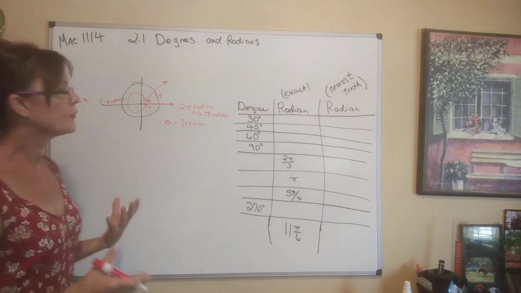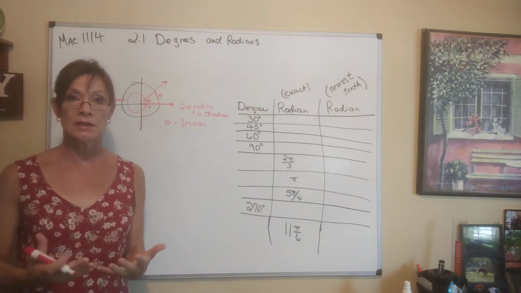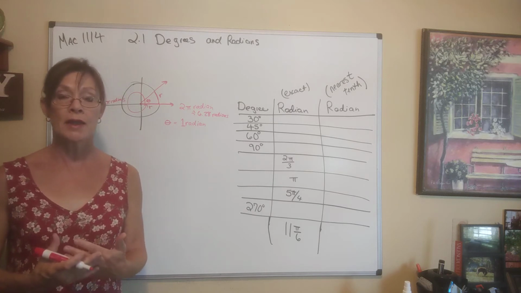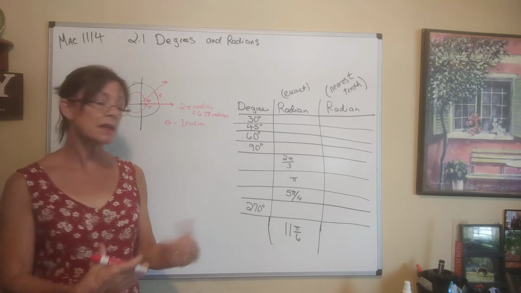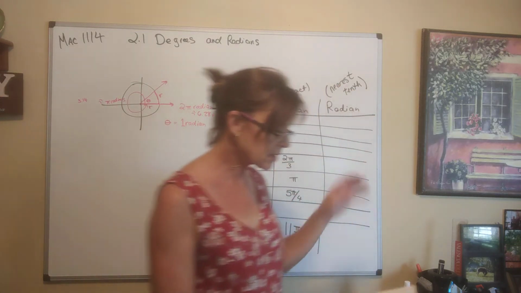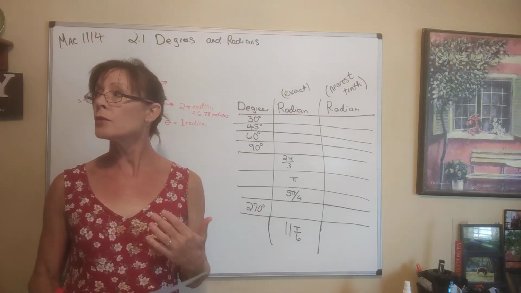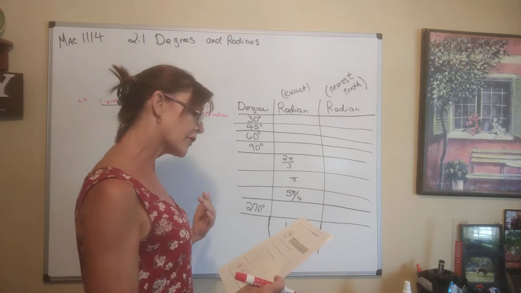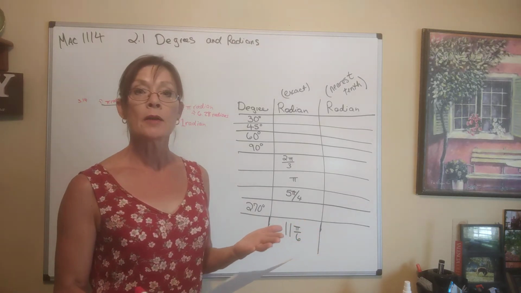So if we talk about a circle, one complete rotation of a circle is 360 degrees or 2 pi radians. So we can convert between radians and degrees very easily with this little conversion, and we have that on our sheet there. It says to convert from degrees to radians, you multiply by pi over 180, or to convert from radians to degrees, you multiply by 180 over pi.